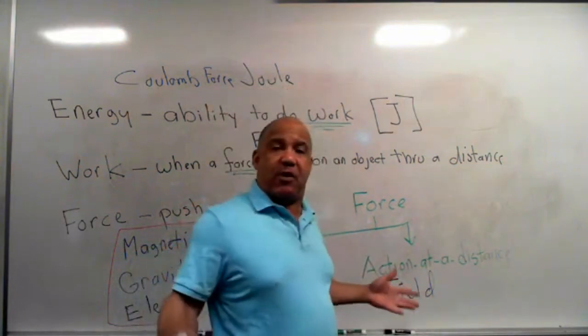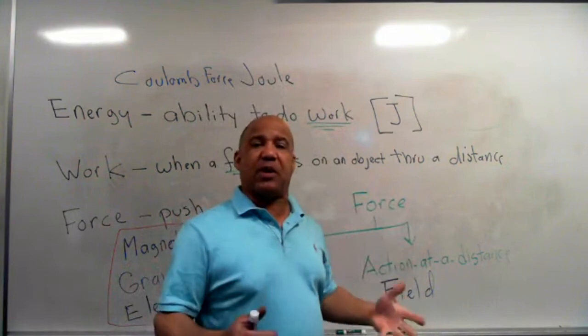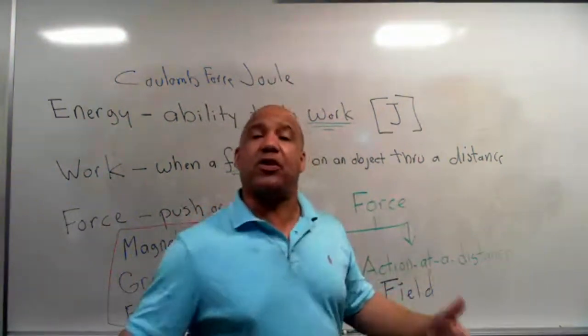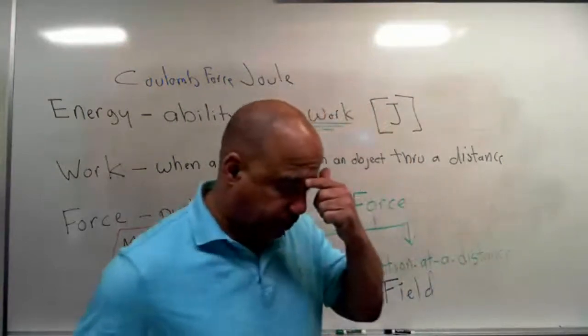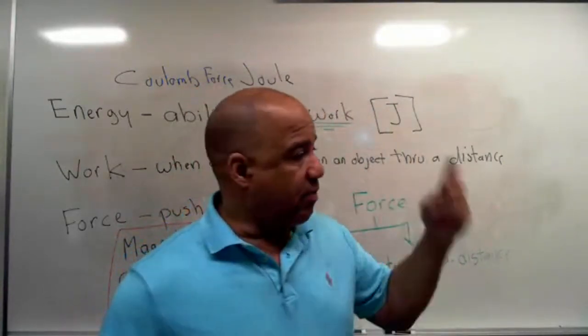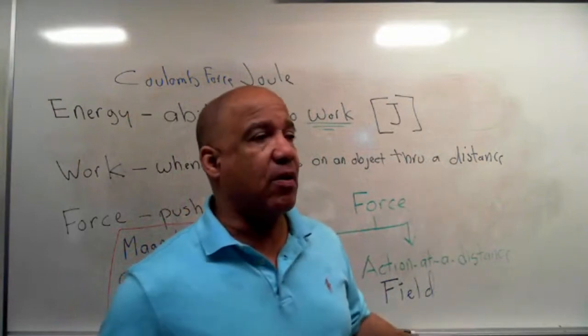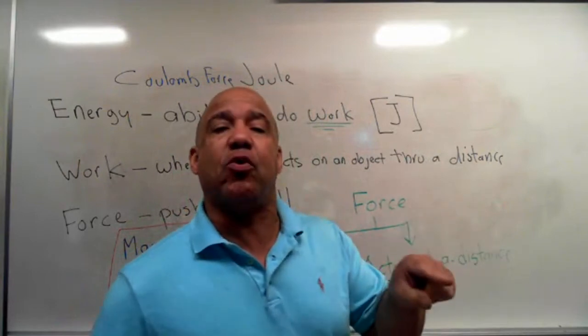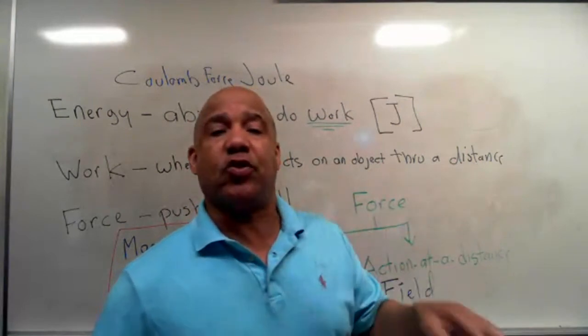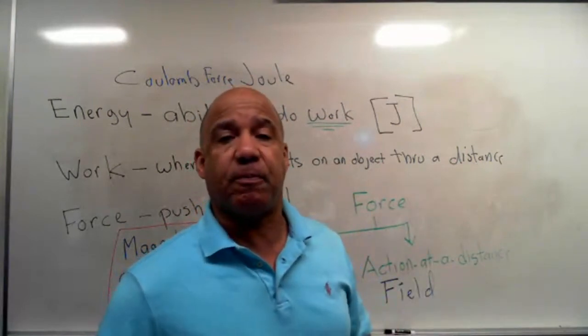So we don't really know what a field is. On the fundamental level, we have no idea what a field is, but we know what fields do. So here's what I want you to write down. A field: electric field, magnetic field, gravitational field. A field is the mechanism through which forces are transferred or energy is transferred through free space.